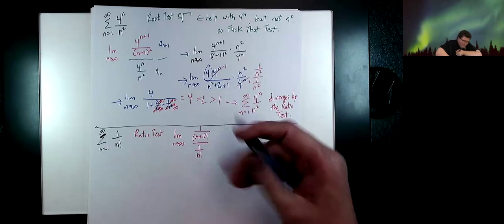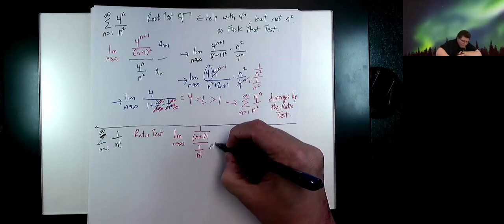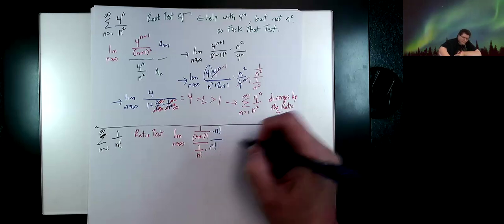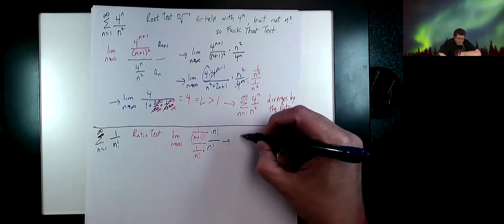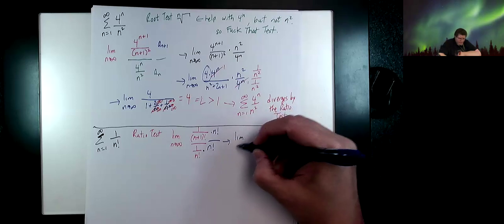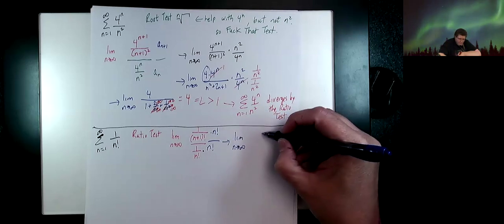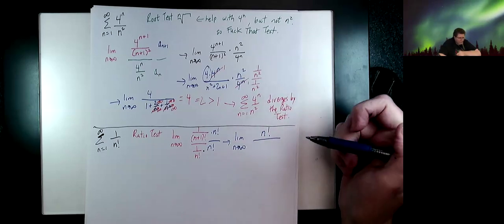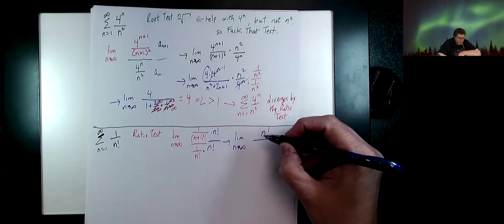I will multiply top and bottom by n factorial. And I'm going to get the limit as n goes to infinity. The top is n factorial. I'm not going to write n plus 1 factorial. I'm going to strip off the n plus 1 term.